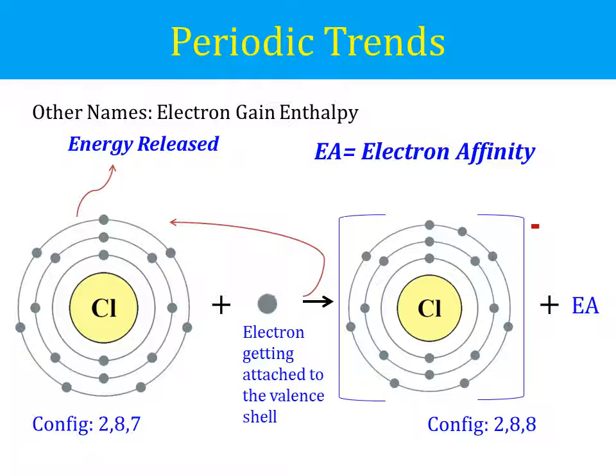The ionization potential is a basic equation: a neutral gaseous atom plus ionization potential, which means we are providing energy, gives a cation, a positively charged species, plus one electron. So these are the two products.